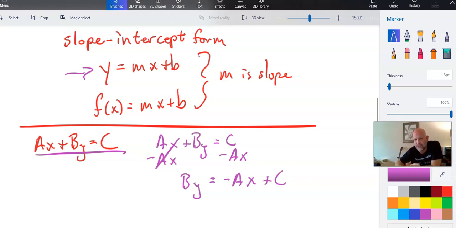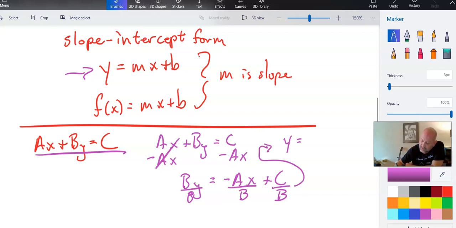And you notice too, I'm reordering these things so that they're in the same order. Now, the only thing left to do is divide by this b. Right? So we'll divide everyone by b. And what I end up with is y is equal to negative a over b x plus c over b.